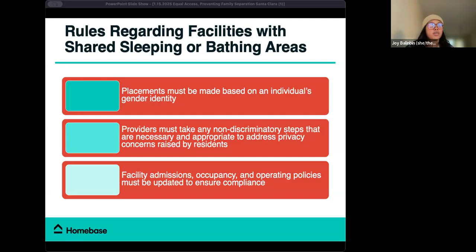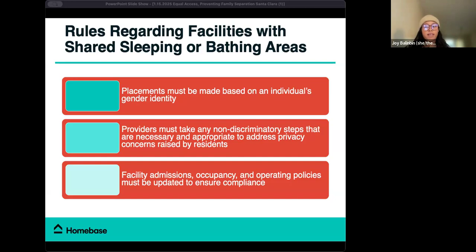Providers must take any non-discriminatory steps that are necessary and appropriate to address privacy concerns raised by residents. Also, placements must be made based on an individual's gender identity, and facility admissions, occupancy, and operating policies must be updated to ensure compliance.